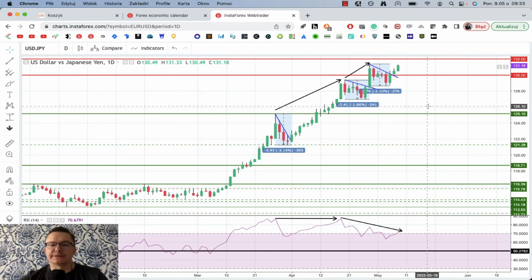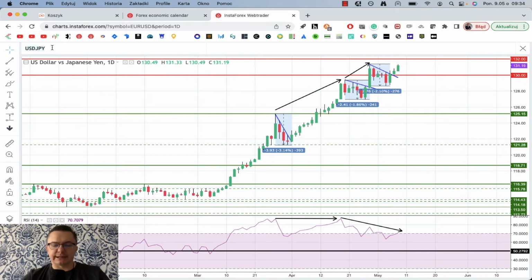However, please pay attention to 132 and to the other technical support levels, and to the corrective decline of 3.14%, because any bigger decline than this might be a clue that the uptrend is done and we are entering a corrective cycle. So that was the major pair of US dollar to Japanese yen.